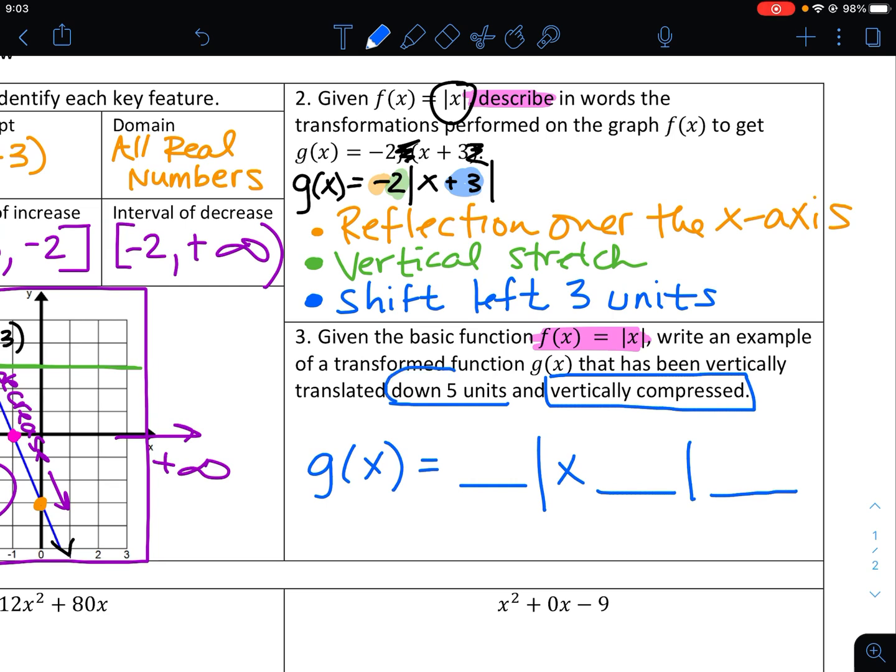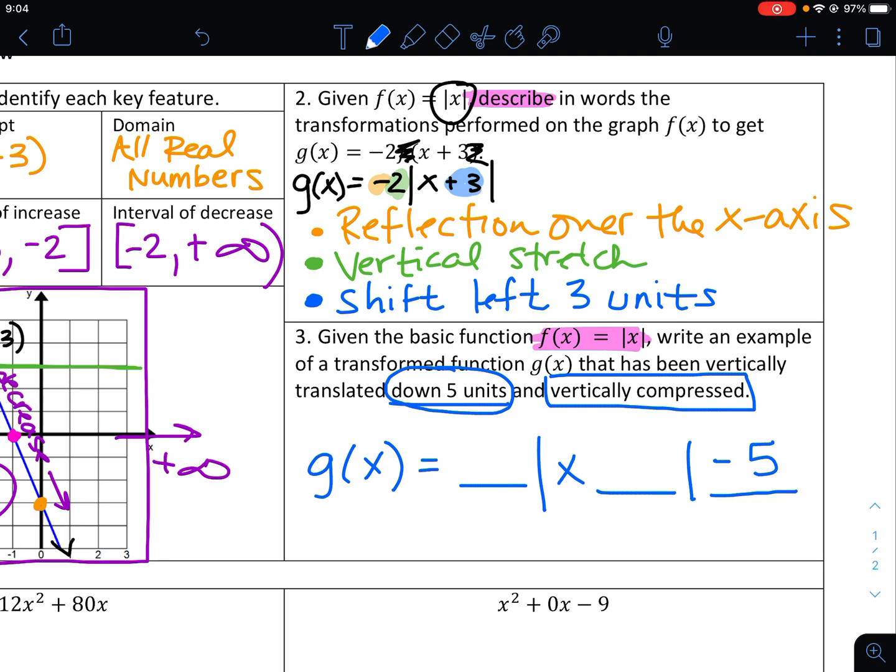The down 5 units is a vertical shift. Y values when we move up and down don't have to take on the opposite sign, so down just is a -5. It goes on the outside. And then that vertical compression is a number less than 1. So we can pick any number we want as long as it's not negative. There was no reflection over the x-axis. Any number that's less than 1, for instance, 2/3, 1/2, 3/4.